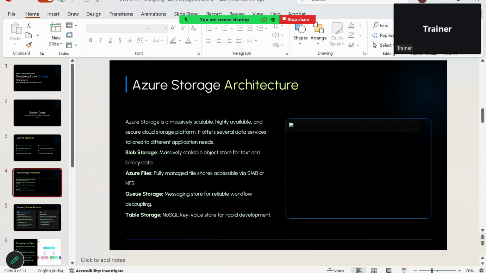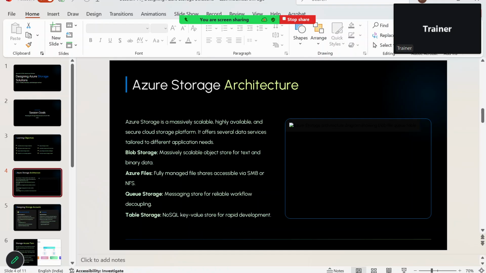These include Blob storage, a massively scalable object store for text and binary data; Azure Files, fully managed file shares accessible via SMB or NFS; Queue storage, a messaging store for reliable workflow decoupling; and Table storage, a NoSQL key-value store for rapid development.